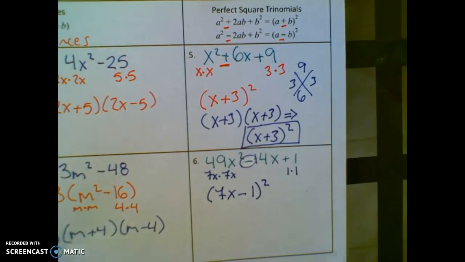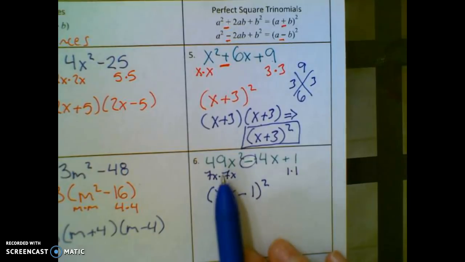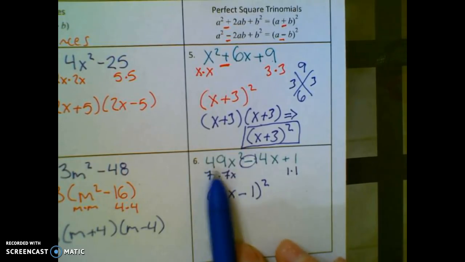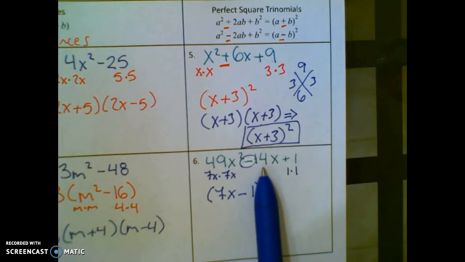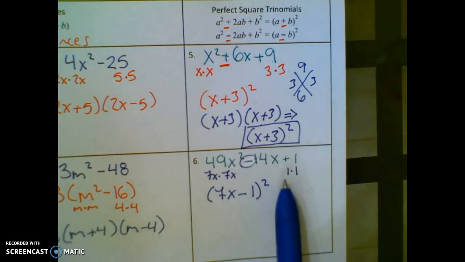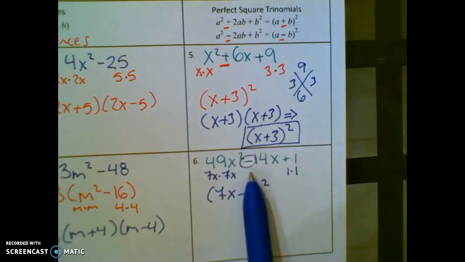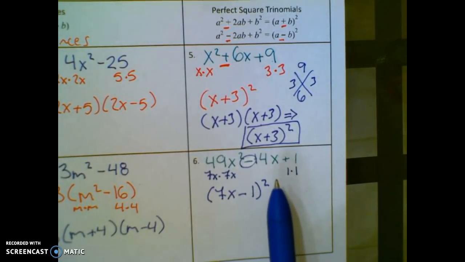If you didn't spot it that way, you could do what we just learned today. You would go through the factors, which is either 7 times 7 or 49 times 1, and then just check your outer and inner products. You can always arrive at this exact same answer some other way, but if you can spot the first term as a perfect square, the last term as a perfect square, and the middle term as 2 times 7 times 1, that's 14, then it satisfies the perfect square trinomial.